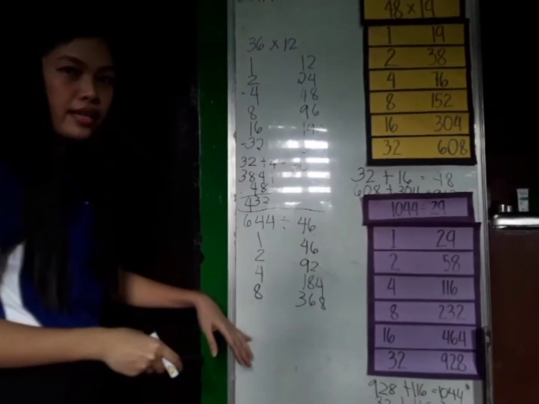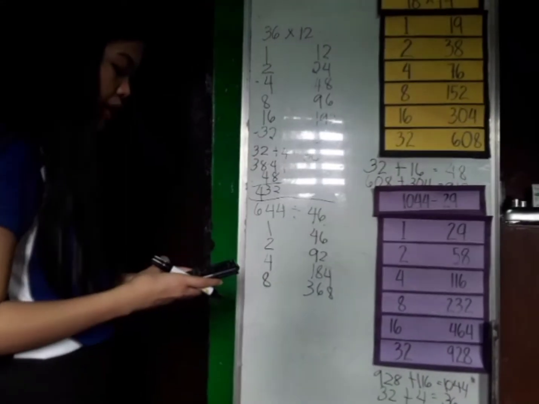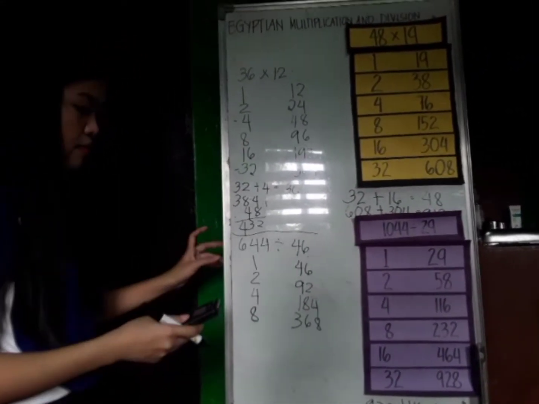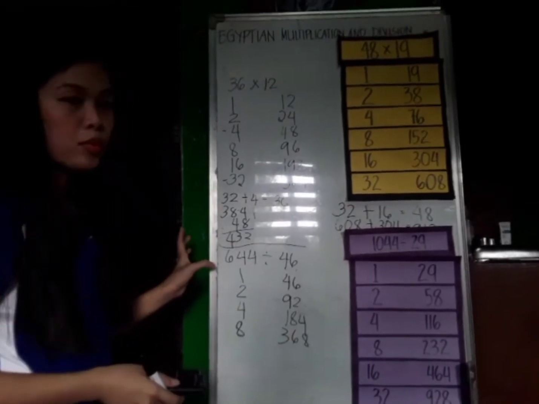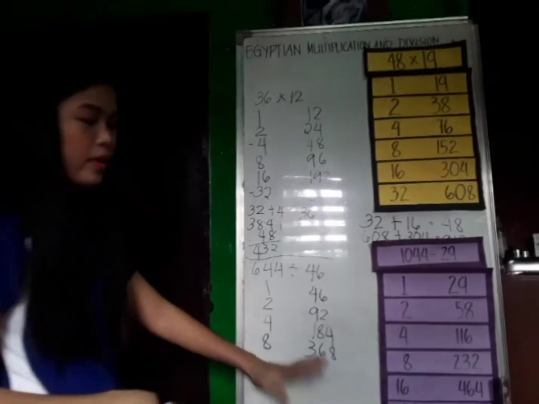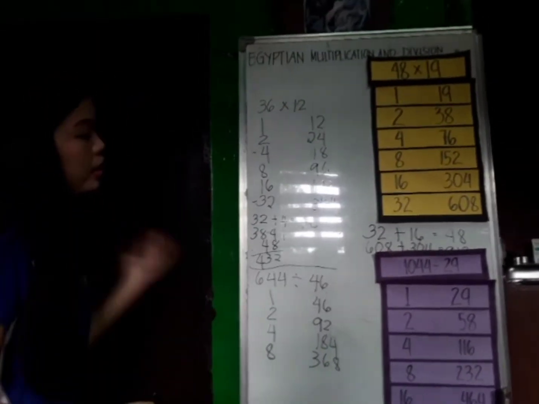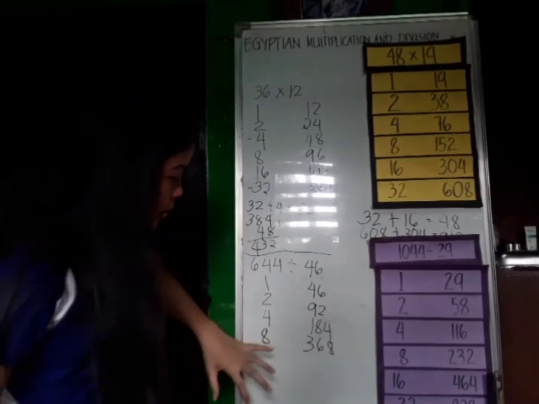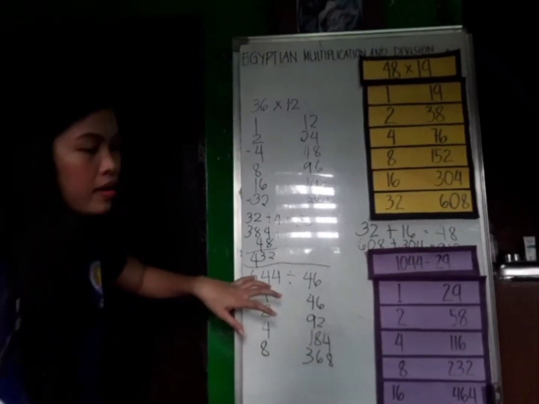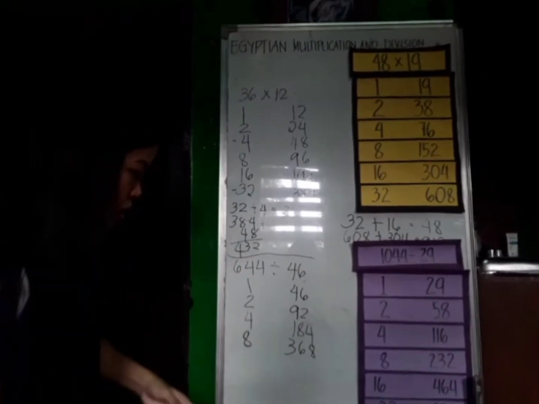Do we need to stop here? If we add 368 plus 368, the sum will be much bigger than 644, right? So we need to stop here. Again, we will look for numbers that will add up to 644.